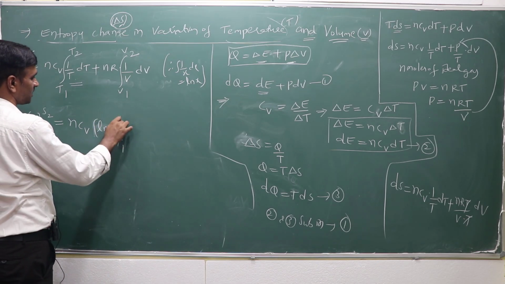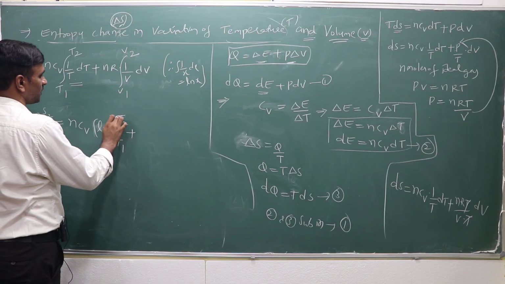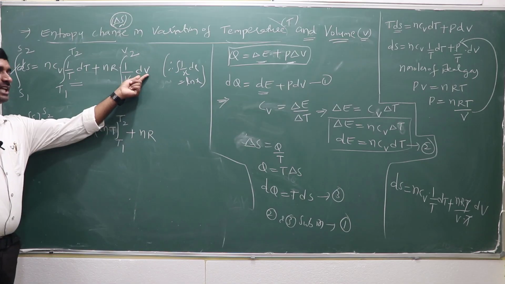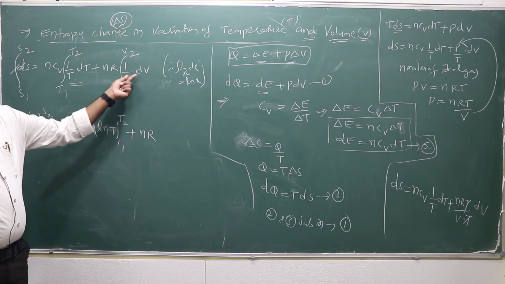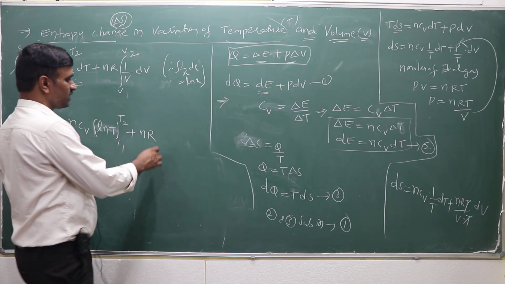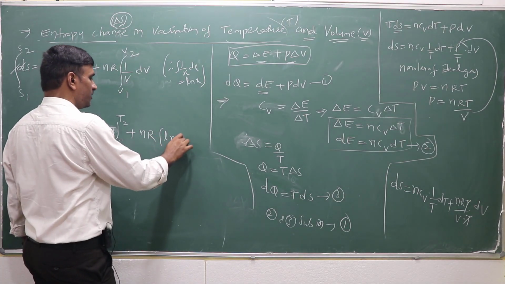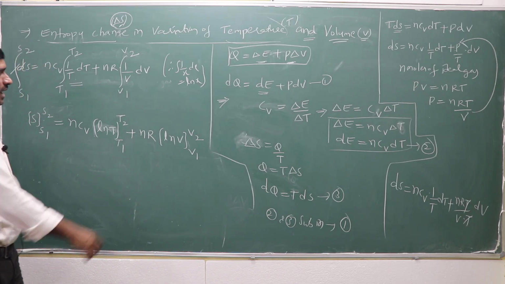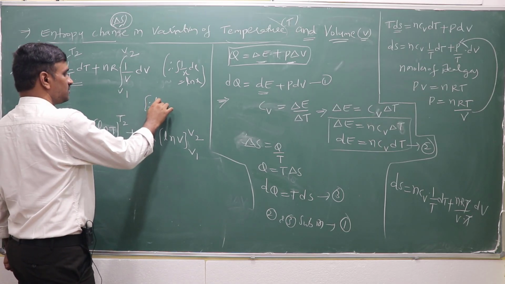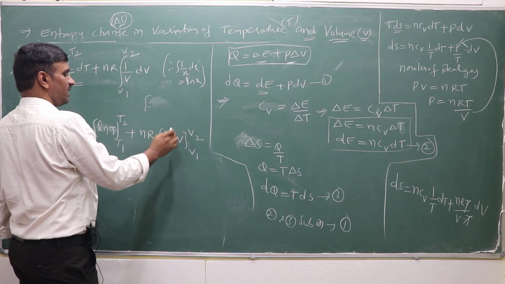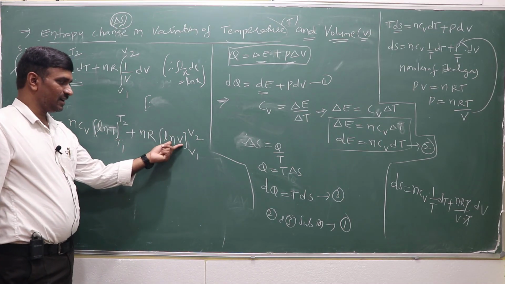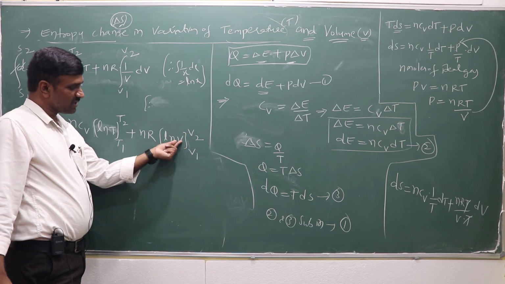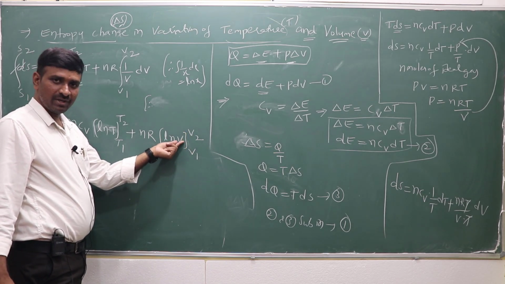One limit is T1, another is T2, plus nR into integration of 1 by V dV. With respect to dV, the function is ln V, with upper limit and lower limit. As I mentioned earlier, you can apply the limits: upper limit minus lower limit.